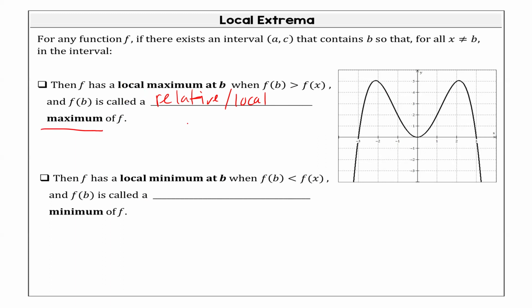Okay. So looking at our chart, where do we have maximums? Here, and it's not quite at -2 and it's not quite at 2. Do you see that? So these would be our local max.